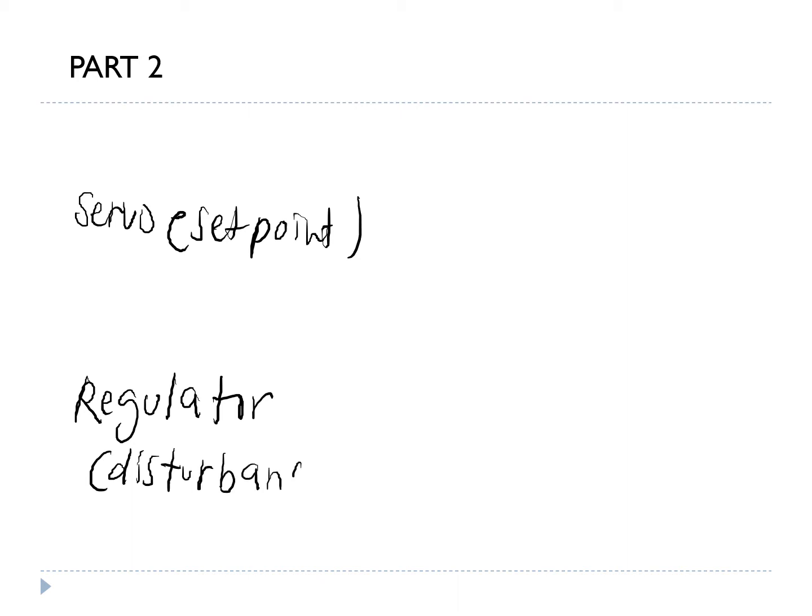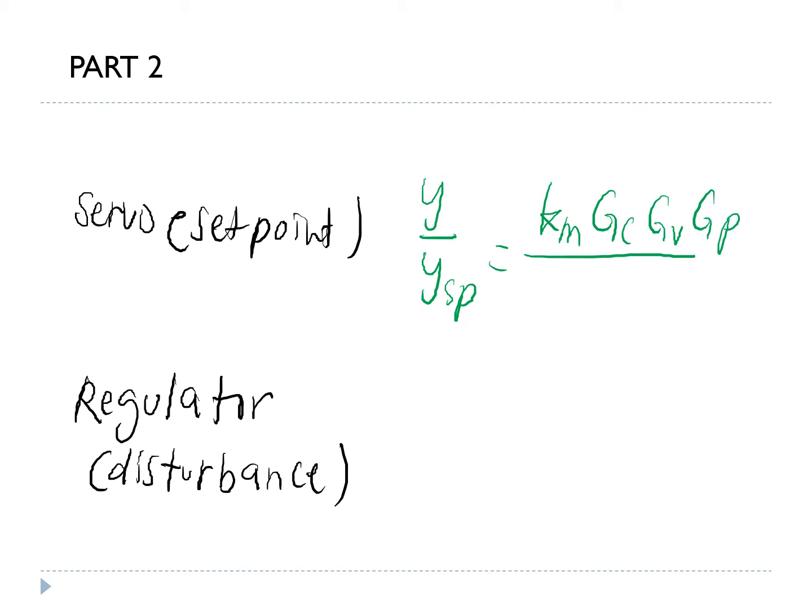And if you can recall, we derived the closed loop transfer function for the servo problem, which is y over y set point equal to Km Gc Gv Gp over 1 plus GOL.